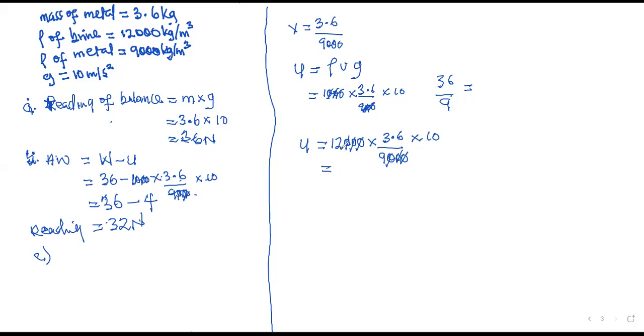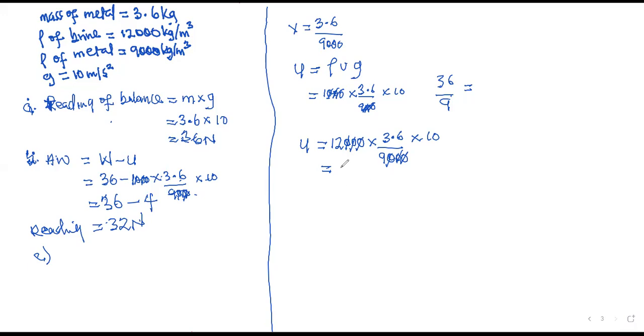So multiply 12 by 36 and then divide that by 9. Multiply 12 by 36 and divide that by 9. That's 48. Yes, sir.